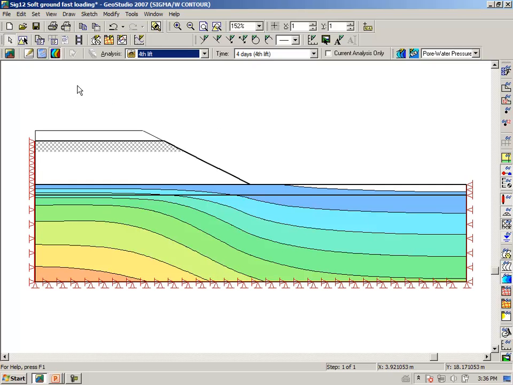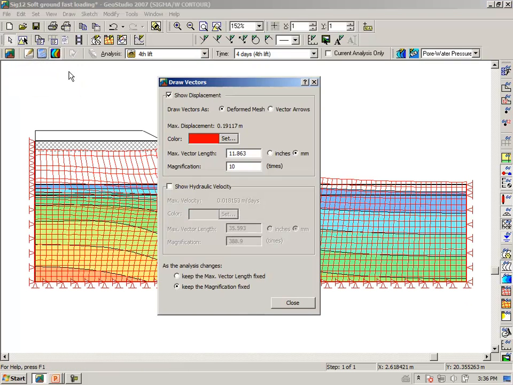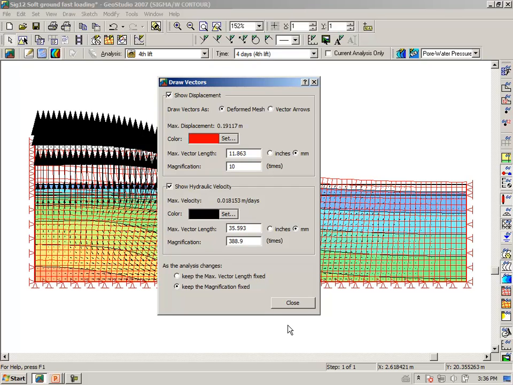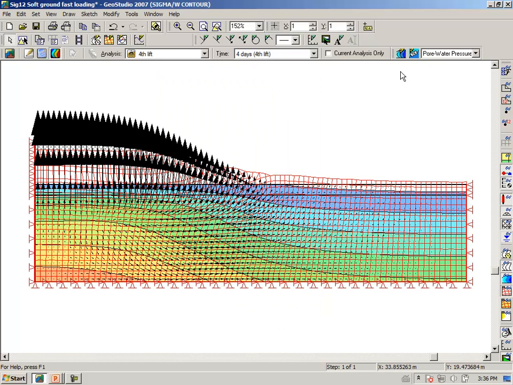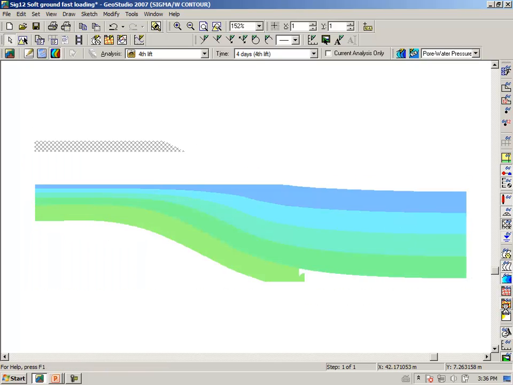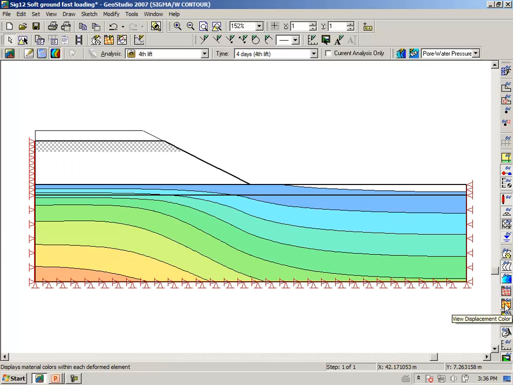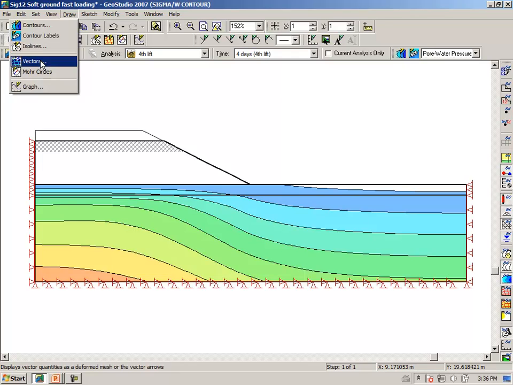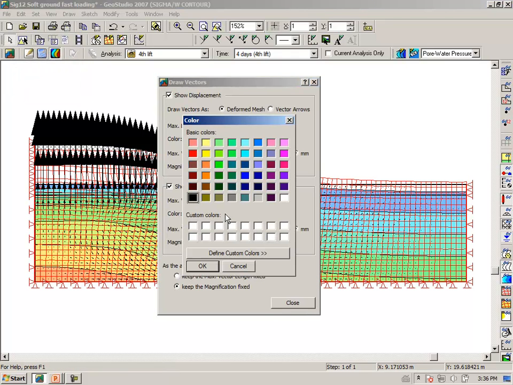One other thing that I should draw your attention to that can be rather interesting sometimes is you can say draw vectors, and we can actually show the flow vectors in a case like this. The reason we don't do this very often is, of course, draw vectors.